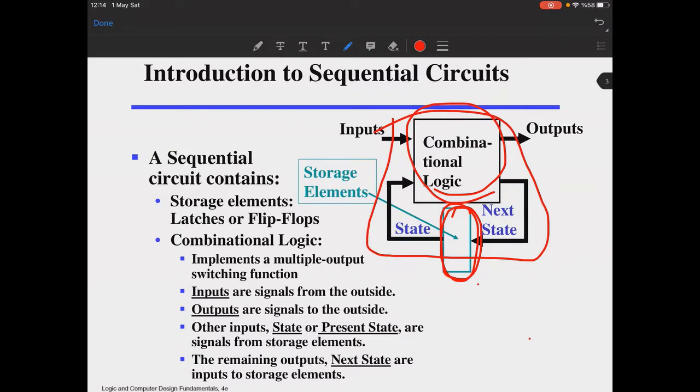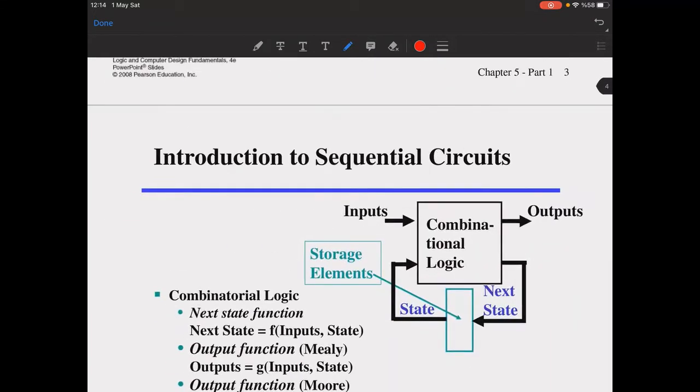The other inputs to the combinational logic, the current state input and next state output, are something going inside. These are the signals from the storage elements, and the remaining outputs are the next state, and these are the current state inputs to your system.